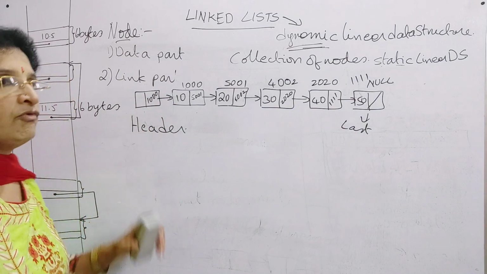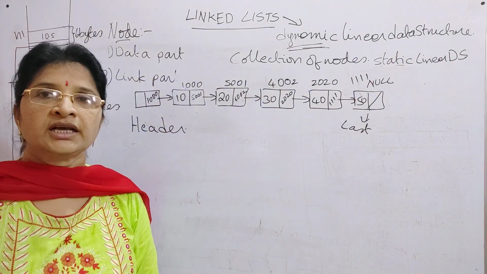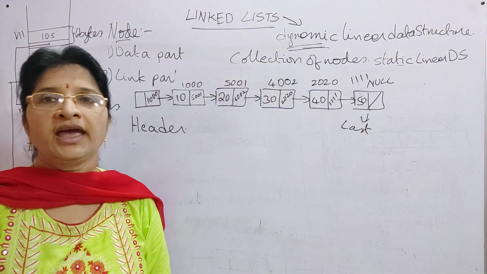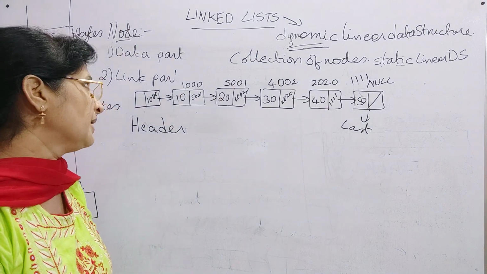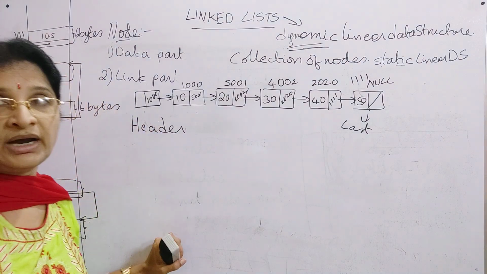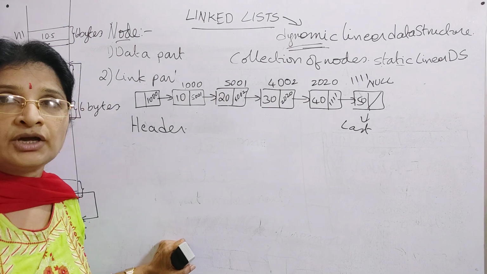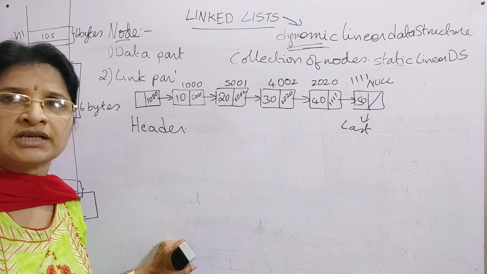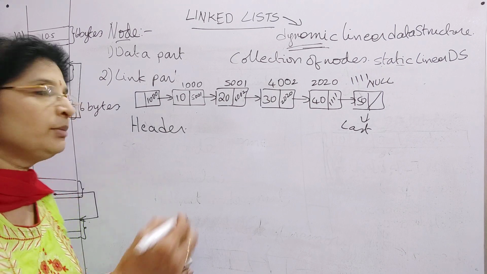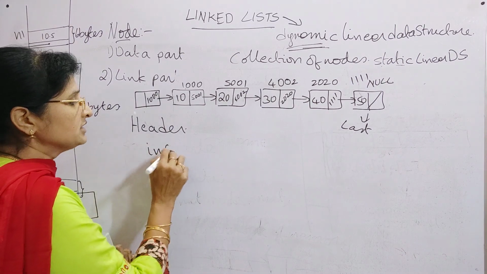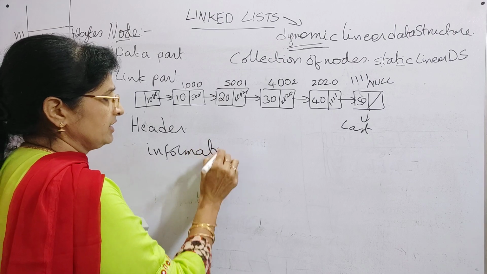Generally, the list will be maintained with a header node. In the data part of the header, you can store the number of elements in the list and the data type of the elements.